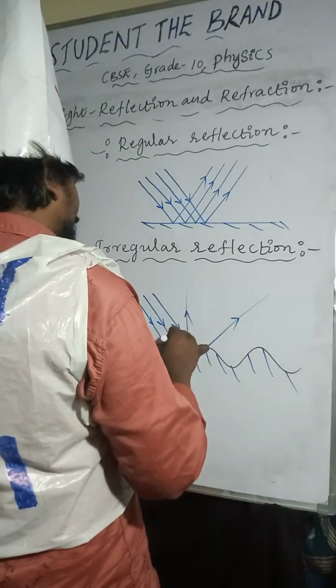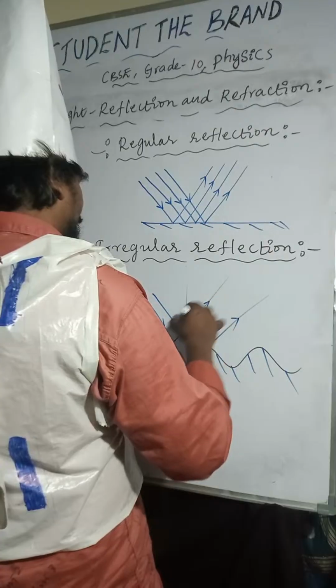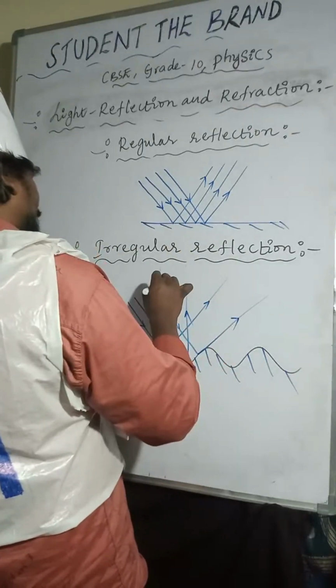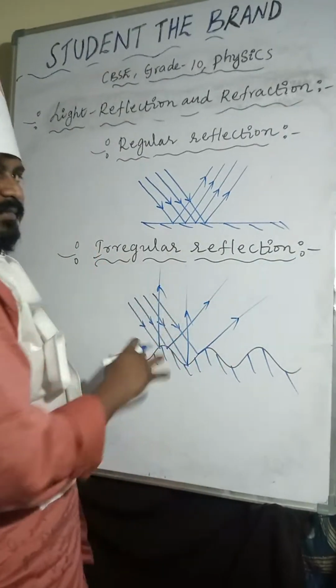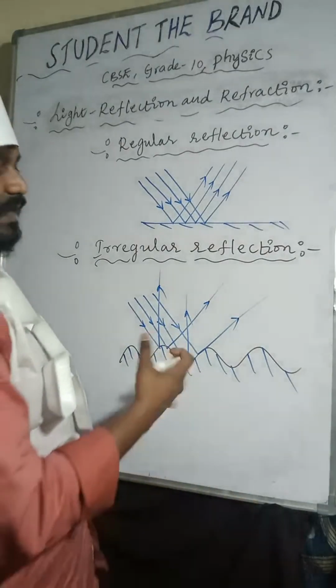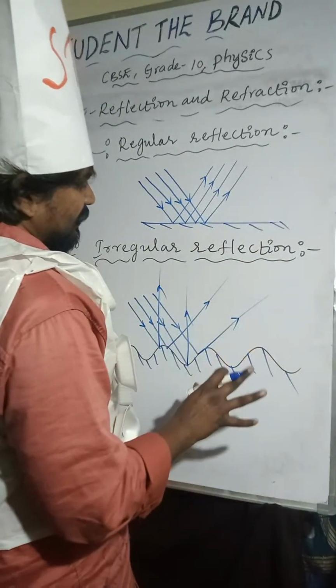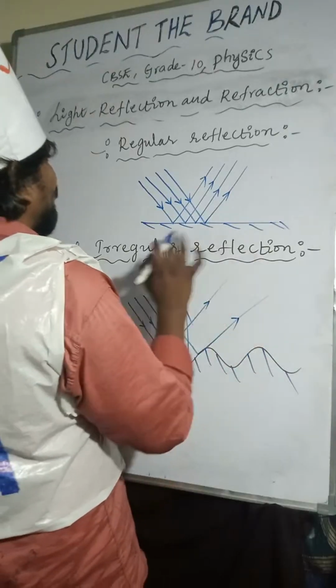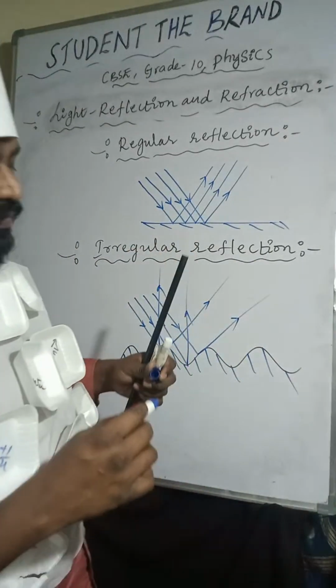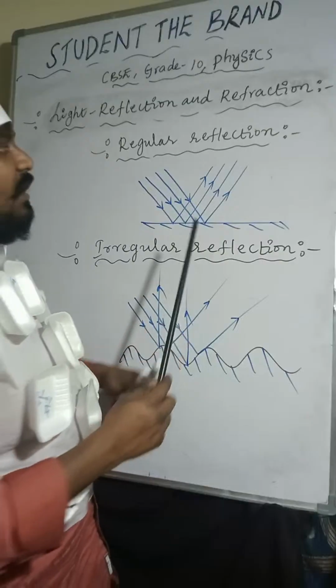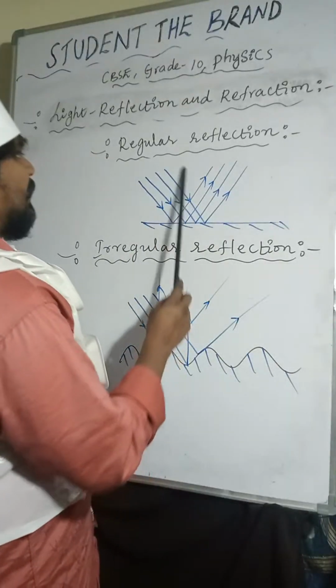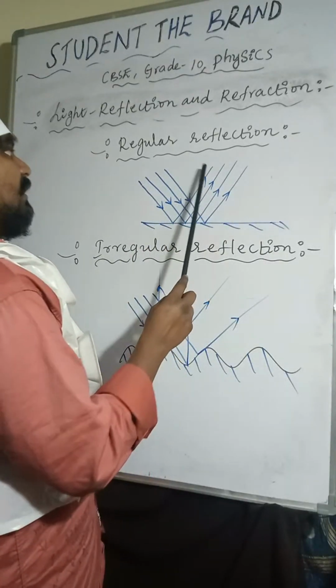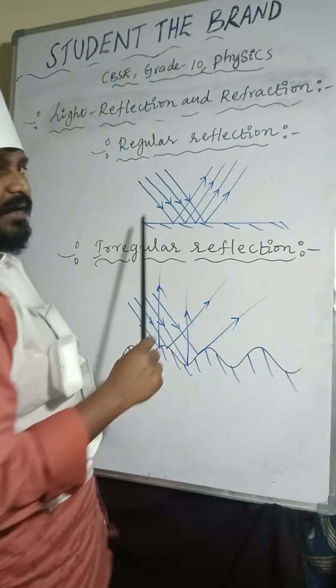So here you can observe, incident light rays are parallel, but reflected light rays are not parallel to each other. This type of reflection is called irregular reflection. In regular reflection, incident light rays are parallel to each other, and reflected light rays are also parallel to each other.